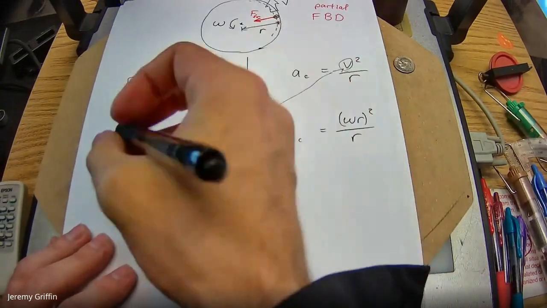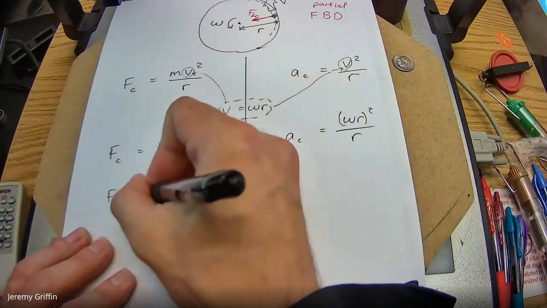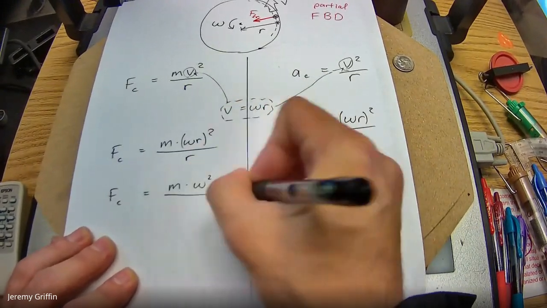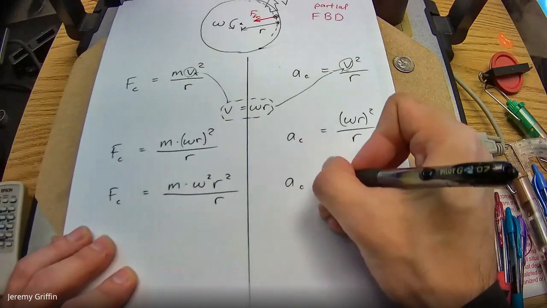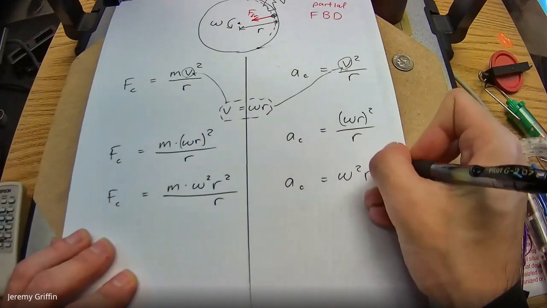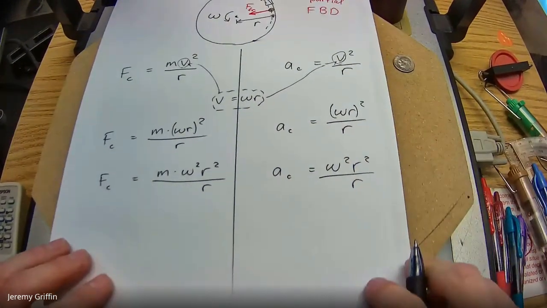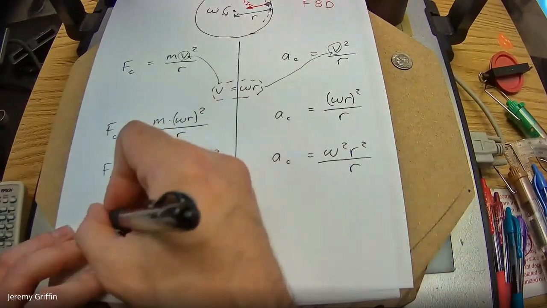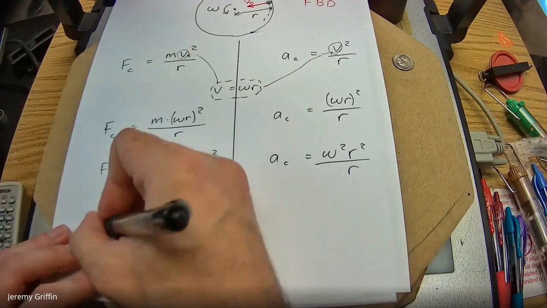Do a little cleanup here. So that'd be m omega squared r squared over r, or omega squared r squared over r. Oh, one of the r's is going to cancel, isn't it? And that gives you the formulas I'm getting at here.